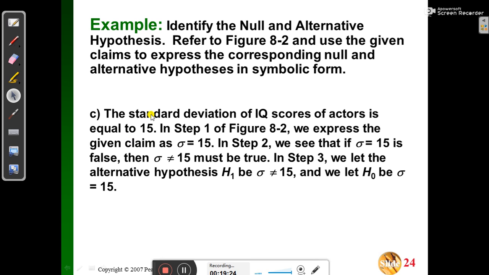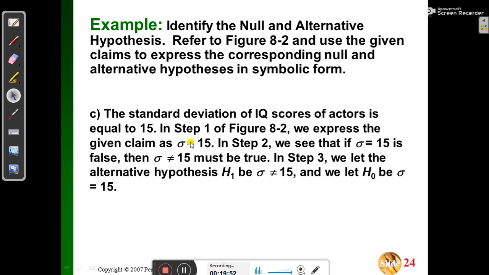The third one is that the standard deviation of IQ scores of actors is equal to 15. So directly we say that sigma equal to 15. This has an equal sign, so directly we can say that this is the null hypothesis.